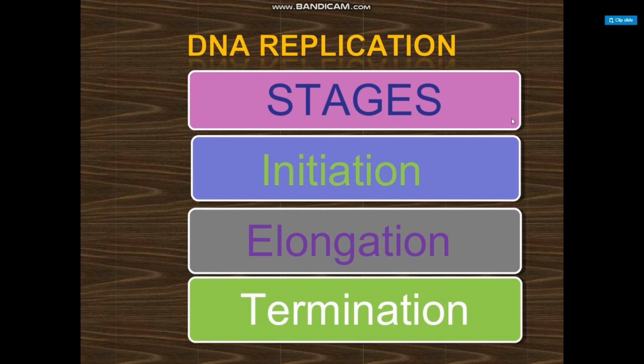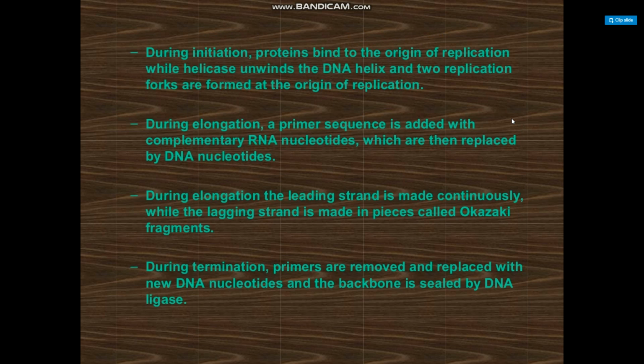DNA replication consists of three stages: initiation, elongation, and termination. During initiation, proteins bind to the origin of replication while helicase unwinds the DNA, and two replication forks are formed at the origin of replication. During elongation, a primer sequence is added with complementary RNA nucleotides, which are then replaced by DNA nucleotides.